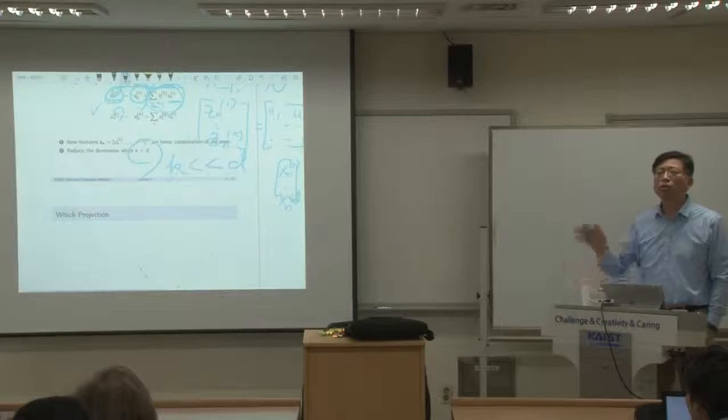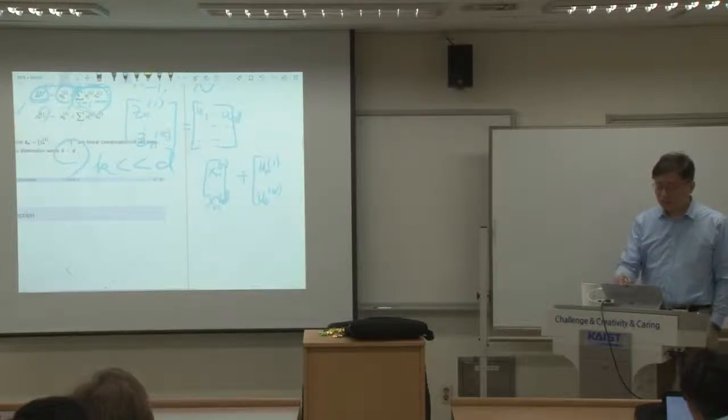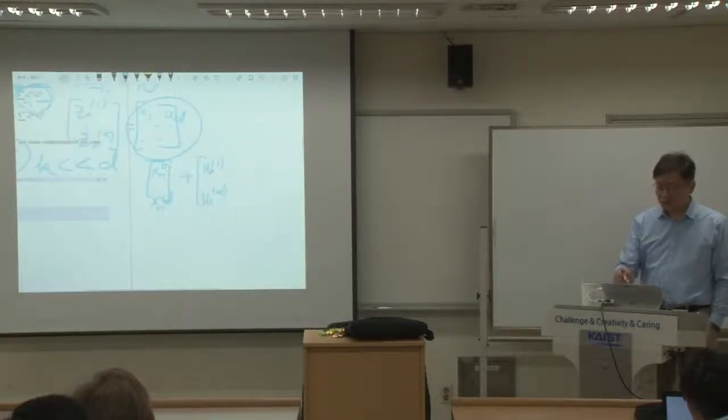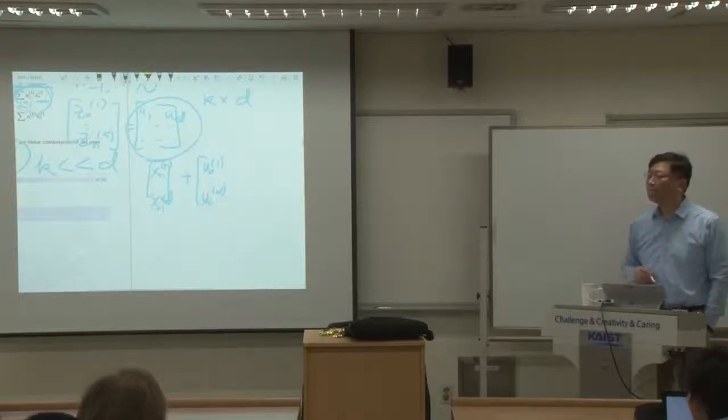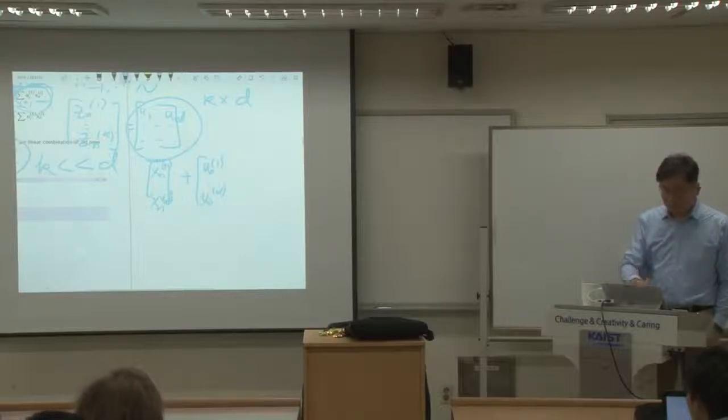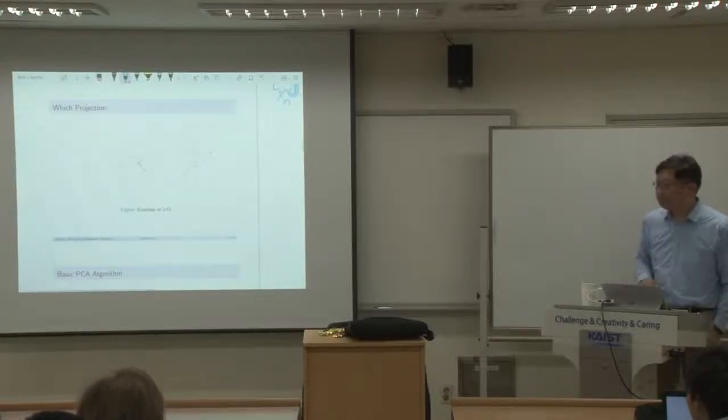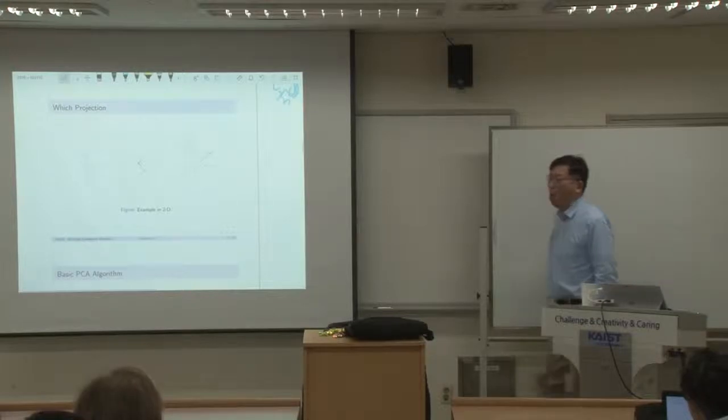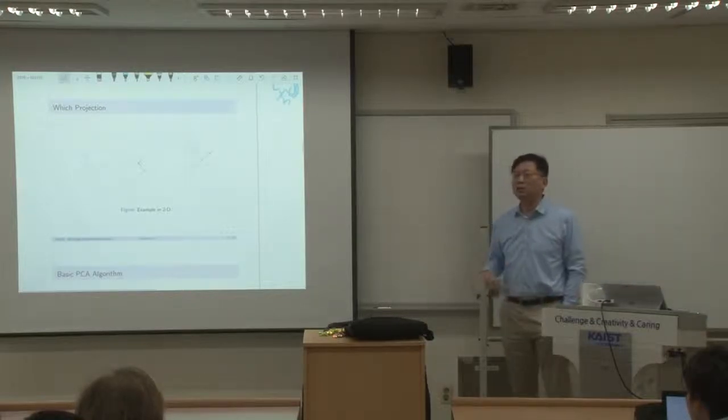I want to do some linear transformation of the input data such that I have lower dimensional data. So this is K by D. So PCA is a linear transformation.